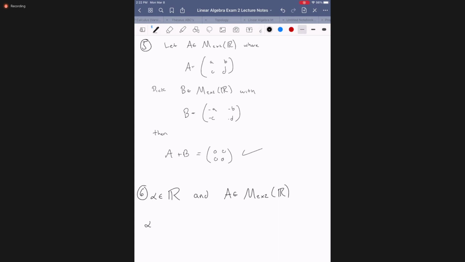Well, does alpha times A, which is A, B, C, and D, how do we define it? We defined it entry-wise, right? Now, is this thing that I just took also a 2 by 2 matrix? Yes. So perfect, this one's also satisfied.